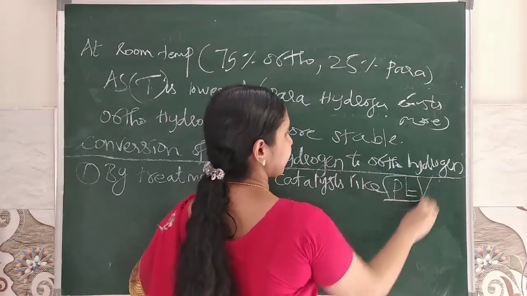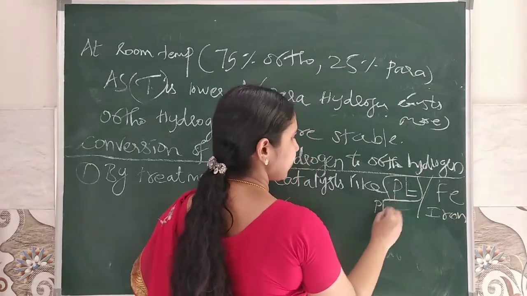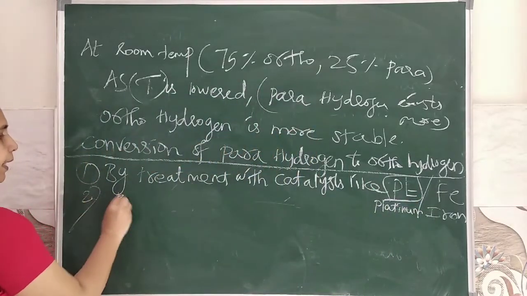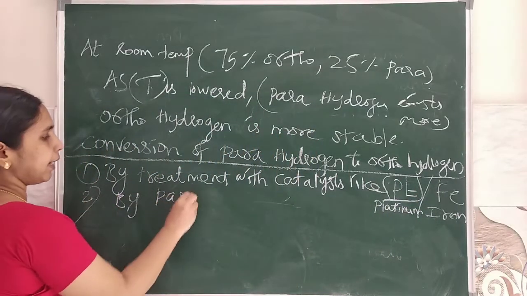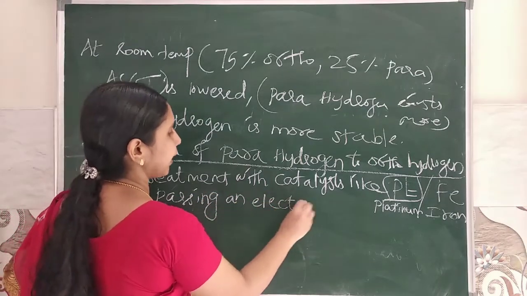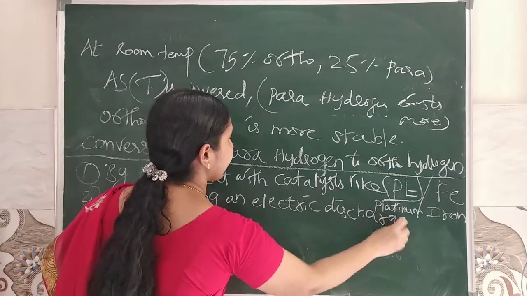Pt means platinum, or Fe means iron. Or by passing current, or the proper word, an electric discharge.